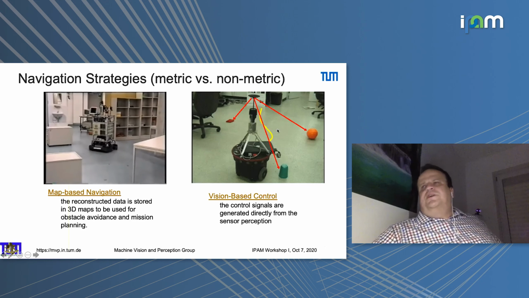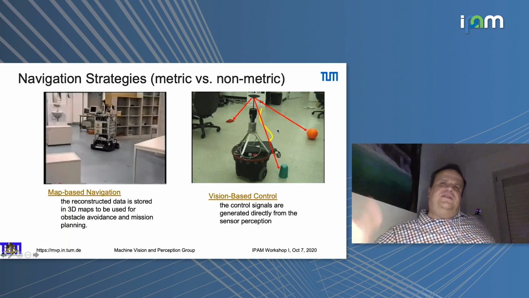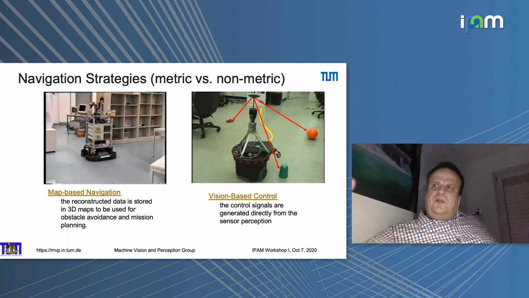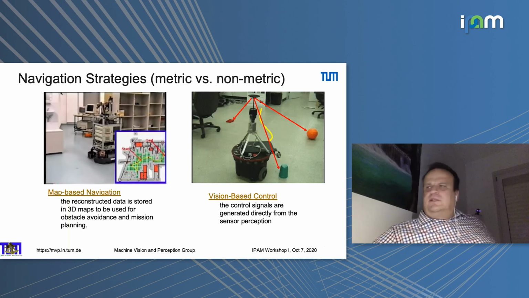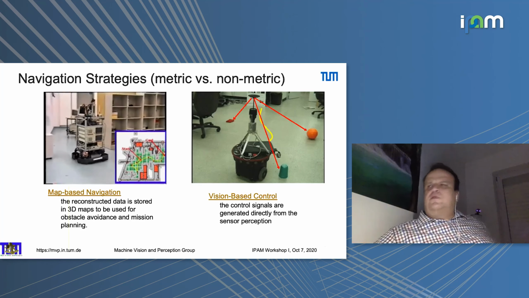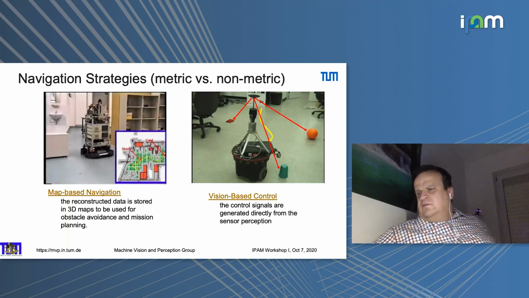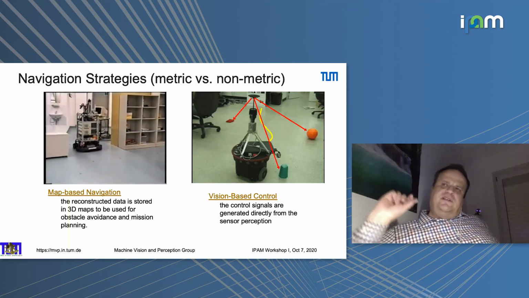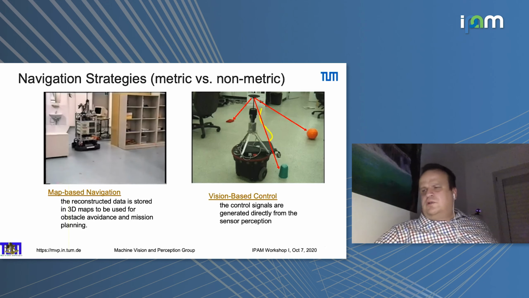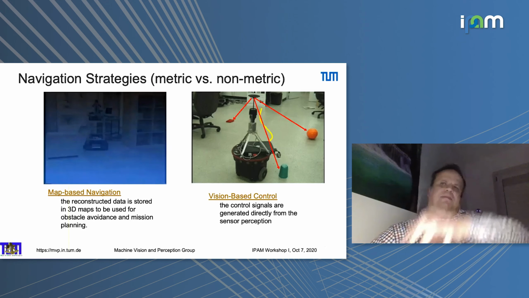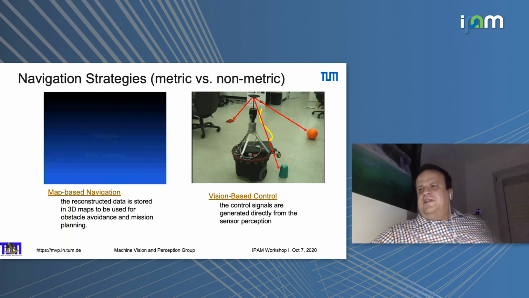So a lot easier is to couple the image information directly to the control signal. So an error in the image should correspond to some response of the robot. This is known in manipulation as visual servoing. You try to servo an error in the image to 0 just by using a Jacobian to map error in one space to error in the other space.